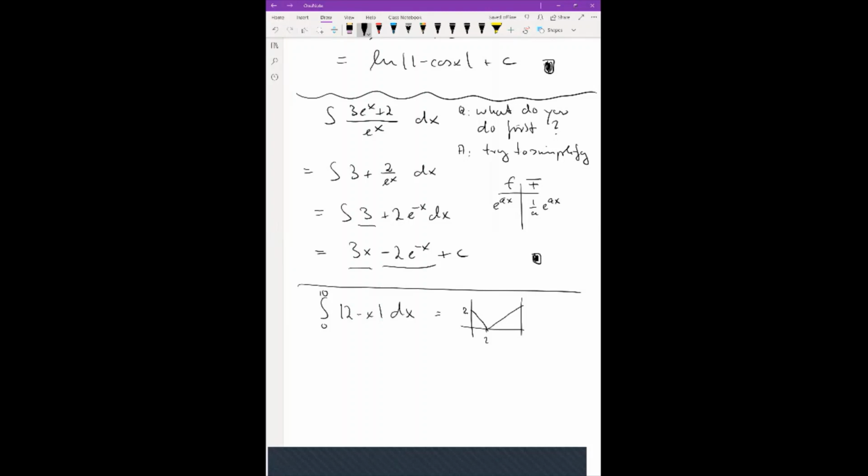Then you are here at 2, and at 10 we are here at 8. So the first area is a triangle of height 2 and length 2. So it's 1/2 base times height, plus the next triangle, it's 1/2, the base has length 8 and the height is 8. So that is the same then as 2 plus 32, which is 34.